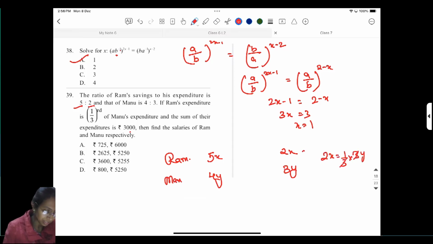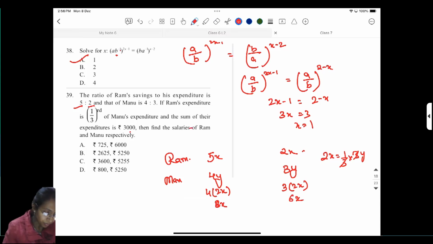From here, we get that y is equal to 2x. That means we can replace y with 2x, so Manu's saving is 8x and expenditure is 6x.